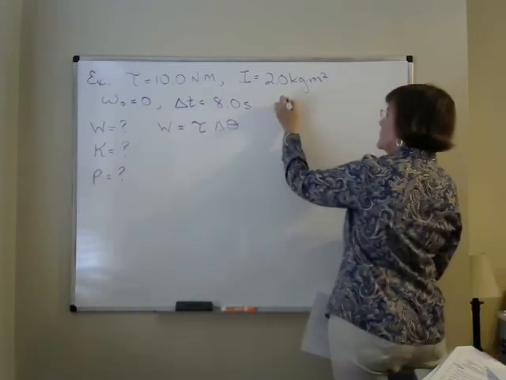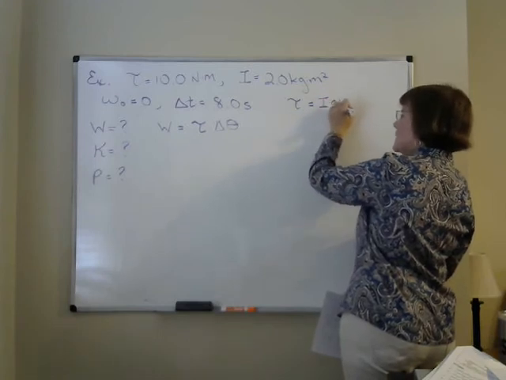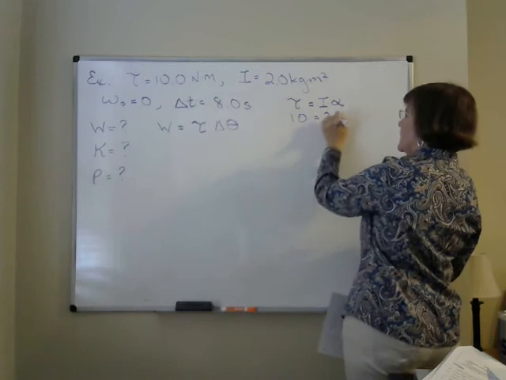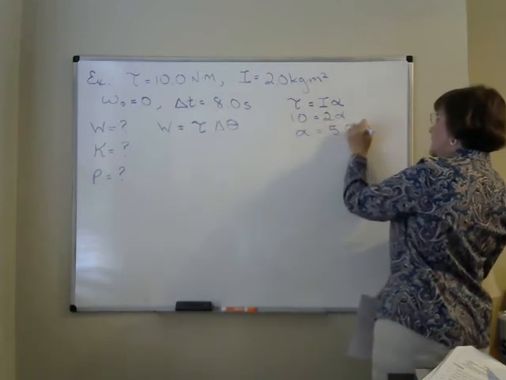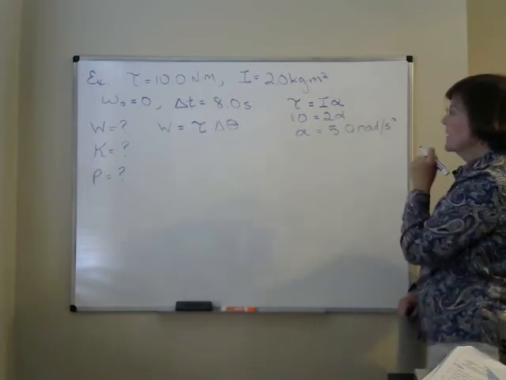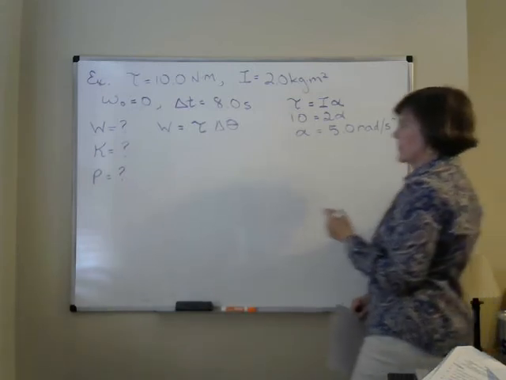If I use torque equals I alpha, and this is 10, and this is 2, then alpha must equal 5 radians per second squared. So I've gained another critical piece of information here that's going to help me solve problems.